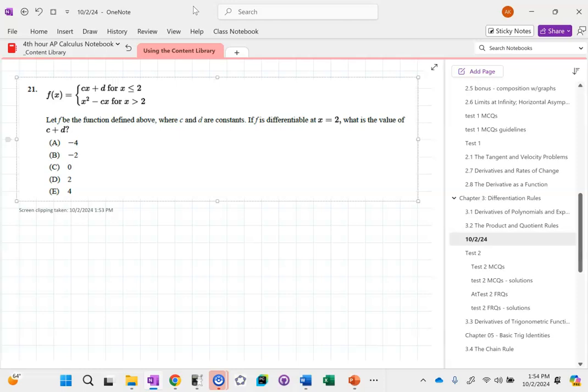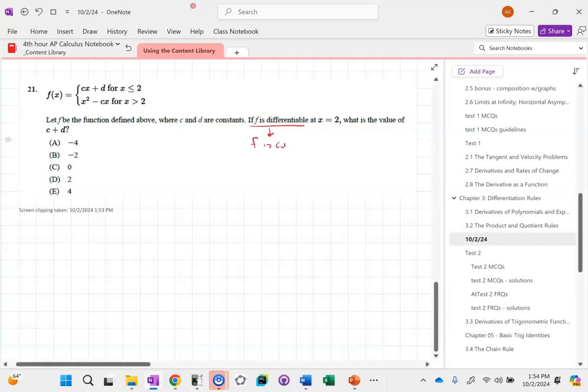To get my first equation for my system, I'm told that f is differentiable. So that also means that f is continuous. Differentiability always gives you continuity. The reverse is not true, though.